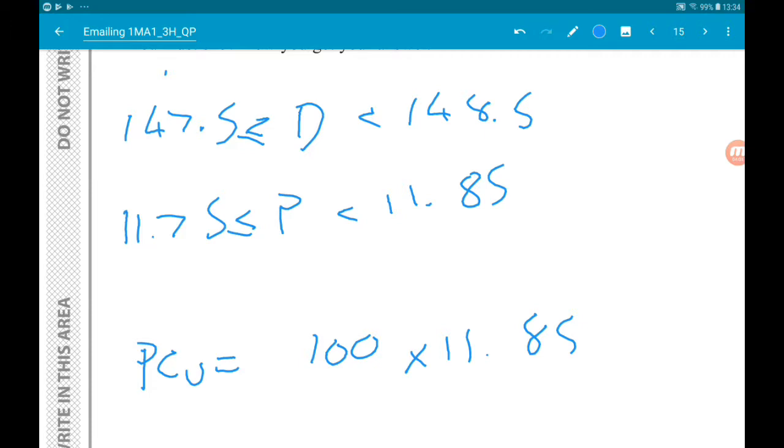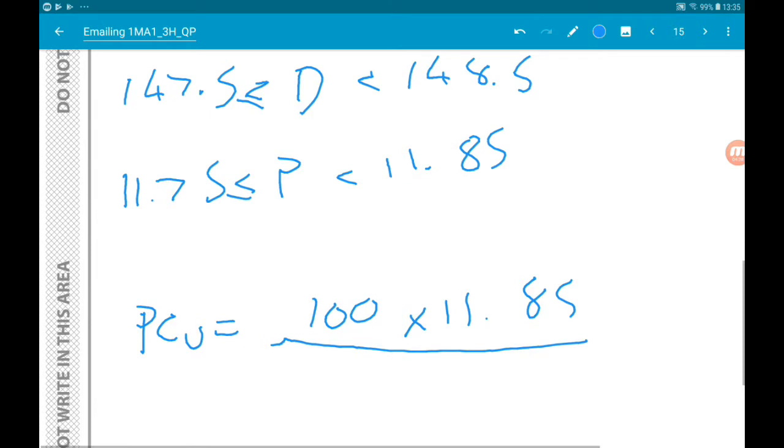And then, if we have the biggest possible number on top, we need to divide by the smallest possible number. So on the bottom, we are dividing by 147.5.